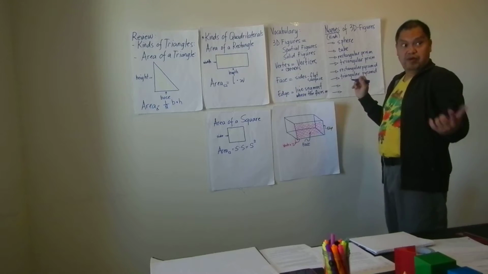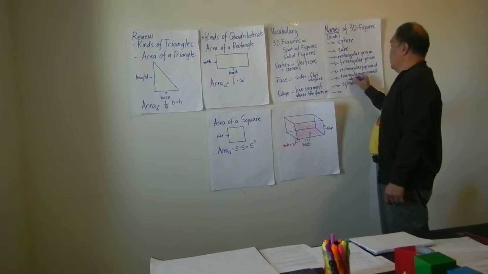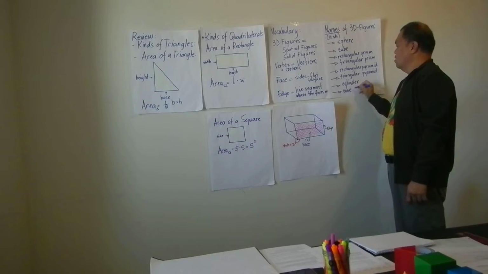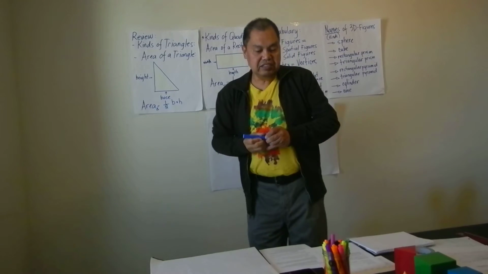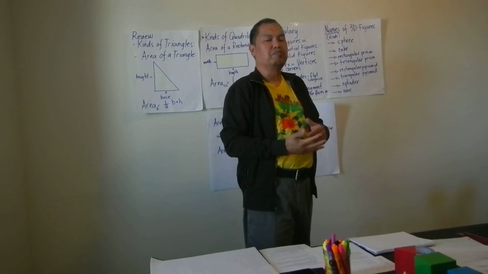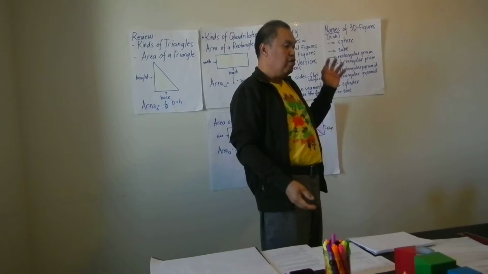There is another one that we call a cylinder. And I will mention the last one, which is what we call a cone. So these are the things that we are going to recall and review in order to move on to the next subject matter tomorrow. So what are the things that we are going to do today?